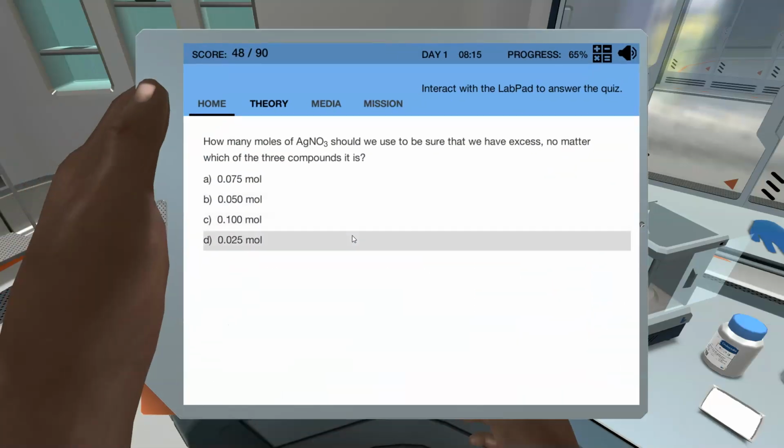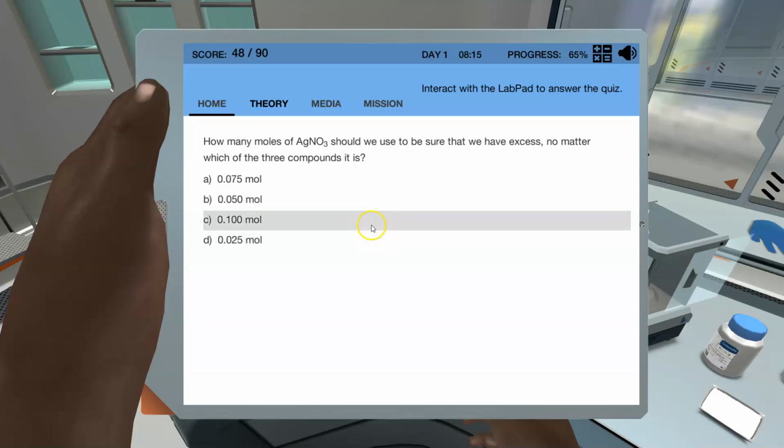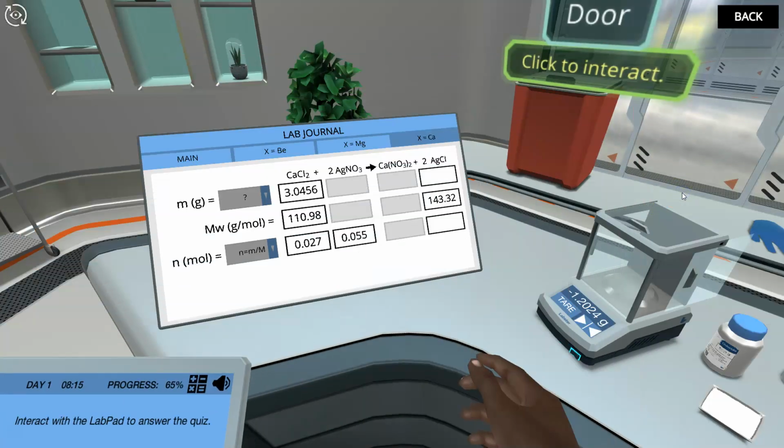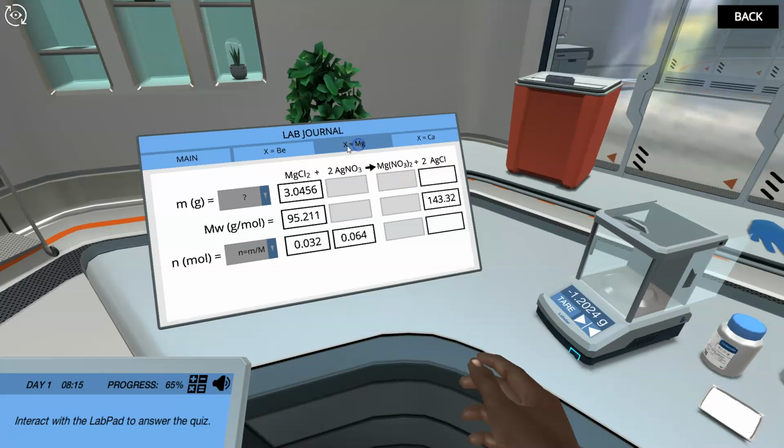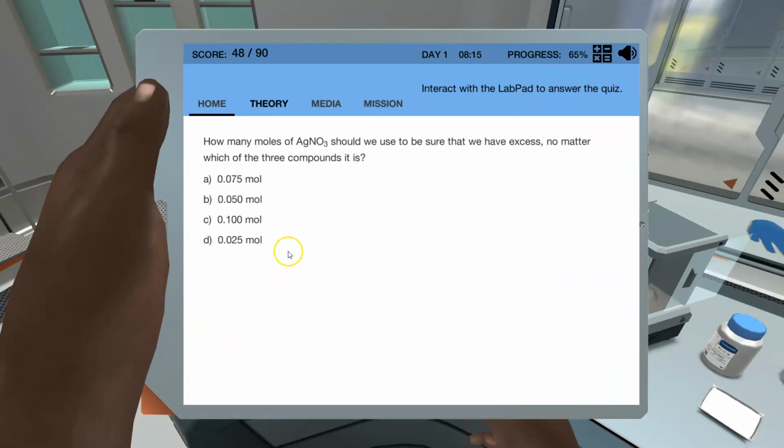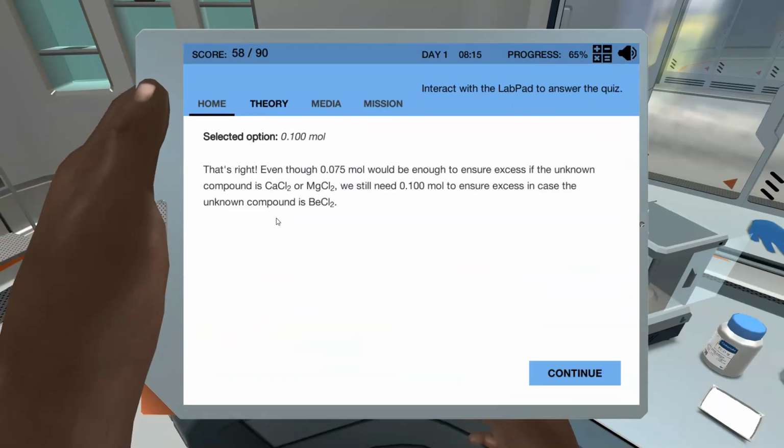How many moles of silver nitrate should we use to be sure that we have excess, no matter which of the 3 compounds it is? That's right. Even the 0.075 moles would be enough to ensure excess if the unknown compound is calcium or magnesium chloride.